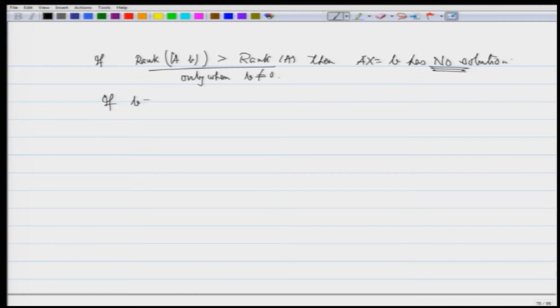If B is equal to 0, then the last column cannot have any non-zero entries, the n plus 1th column of AB, then the nth column of AB is 0, which is the same thing as saying that AB is the same as A0.